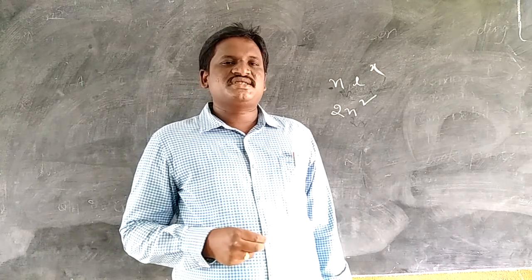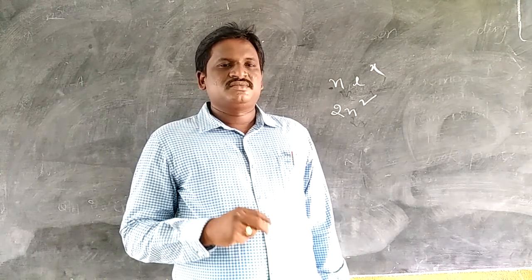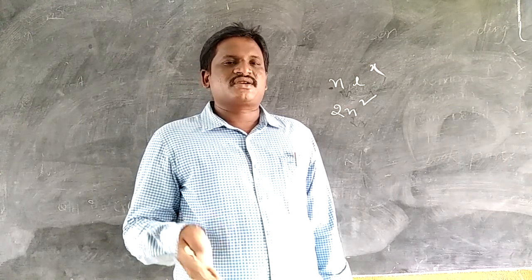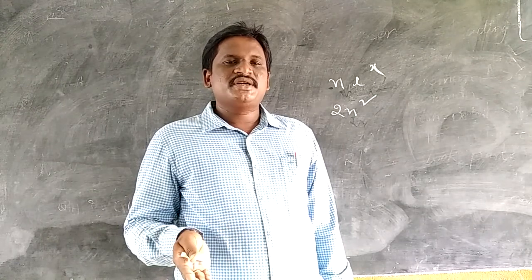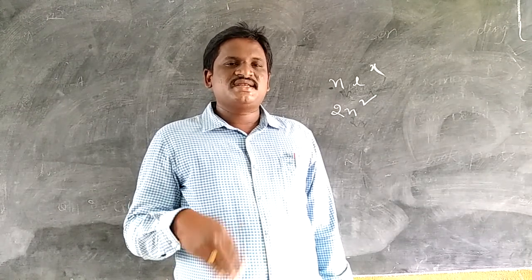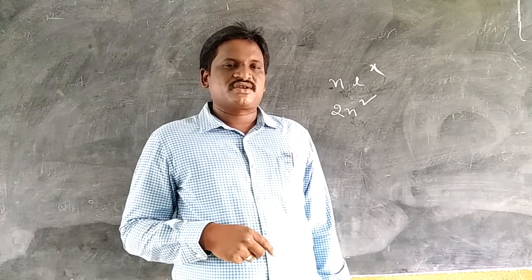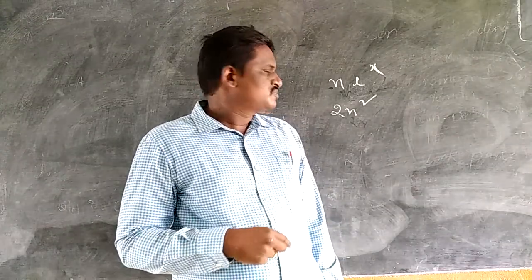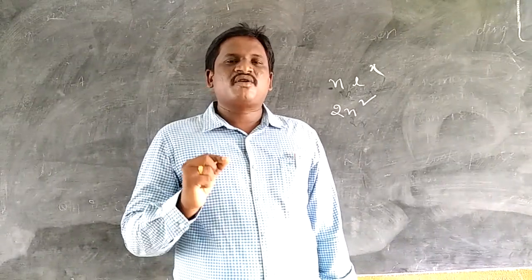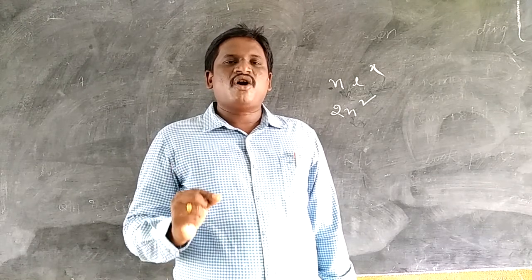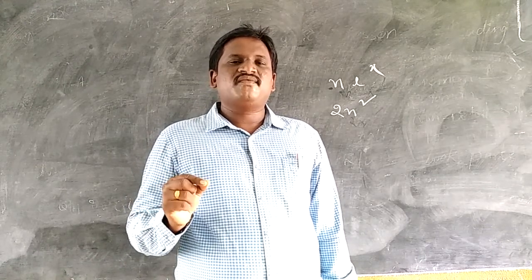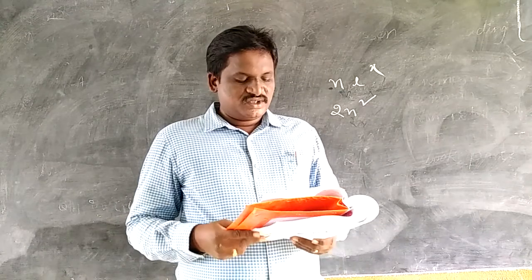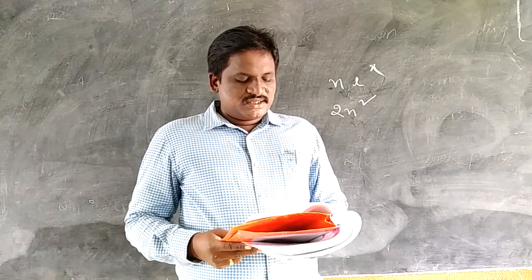Suppose the first, K shell, 2 electrons. L shell can accommodate 8 electrons. M shell can accommodate 18 electrons. N shell can accommodate 32 electrons, by using the formula 2n squared.